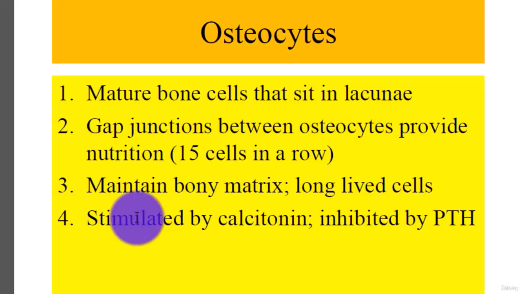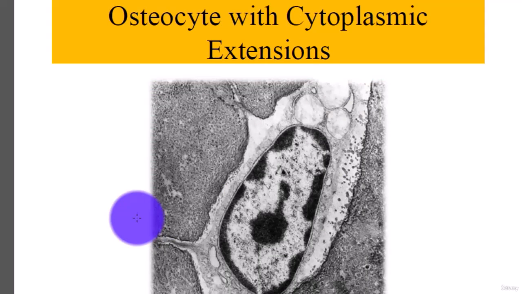Osteocytes, mature bone cells that sit in lacunae. Gap junctions between osteocytes provide nutrition, up to 15 cells in a row, maintain bony matrix. Long-lived cells, stimulated by calcitonin, inhibited by PTH, parathyroid hormone.